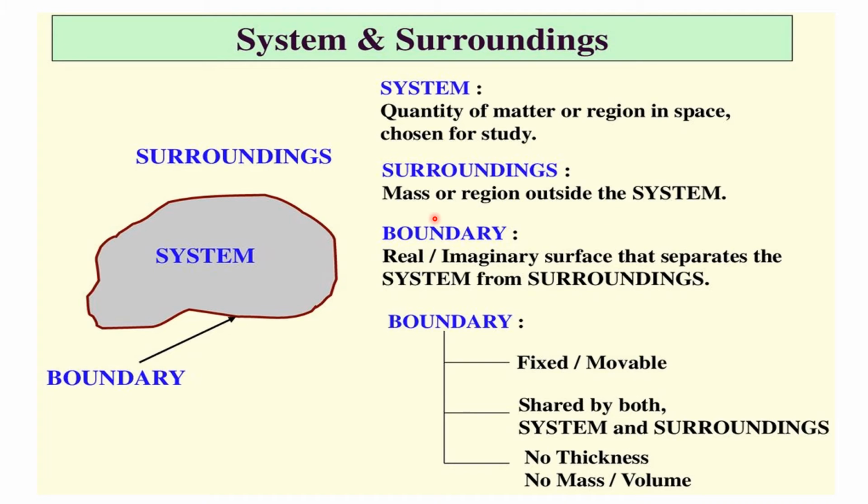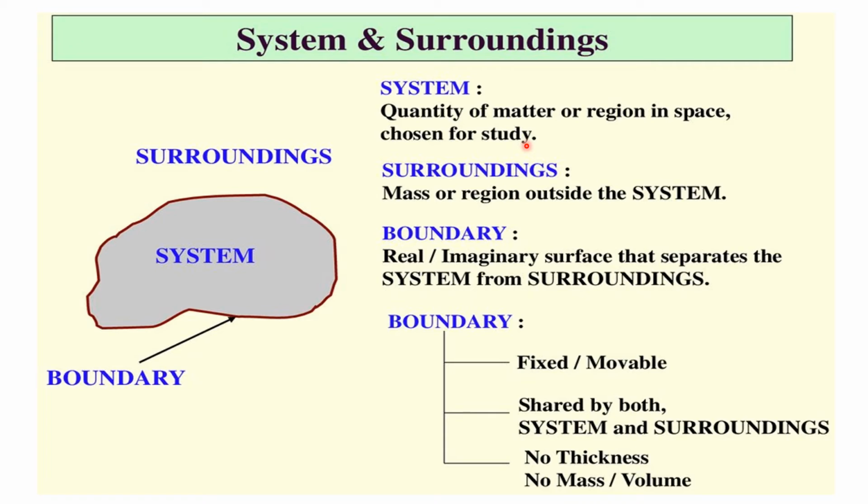So now we will study what you mean by this thermodynamic system and surroundings. System is defined as a quantity of matter or a region in space which is selected or chosen for the study purpose.